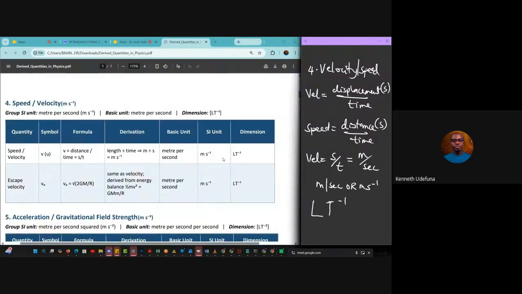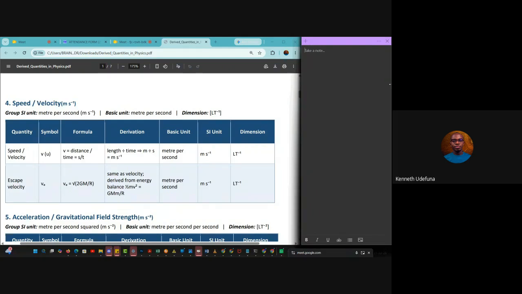So the quantities that have the unit of meter per second are: 1, velocity; 2, speed, and I've written the formula for velocity and speed; and 3, escape velocity. I didn't tell you this one, but let me say it now. Escape velocity is written as the square root of 2GM over r. This is the formula for escape velocity.